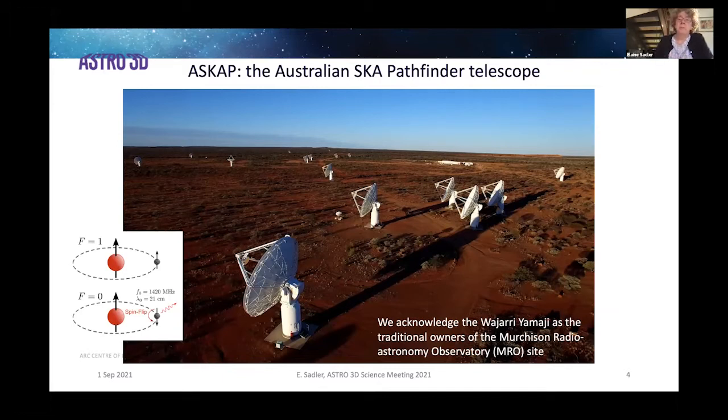We have a protected part of the radio frequency band where we can see this line. But as we go into the distant universe, this line is redshifted out of the protected band and into a part of the radio spectrum where there are many terrestrial transmissions: aircraft, mobile phones, radar, all sorts of things. And so for most observatories in the world, there's a large range of redshift which is closed to H1 studies.